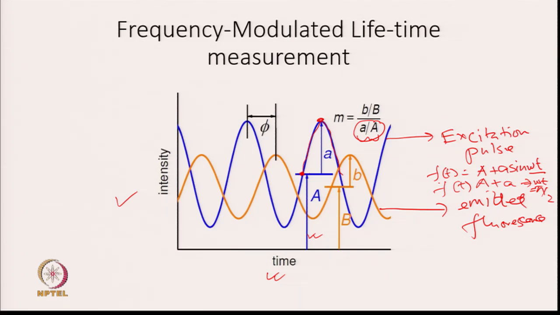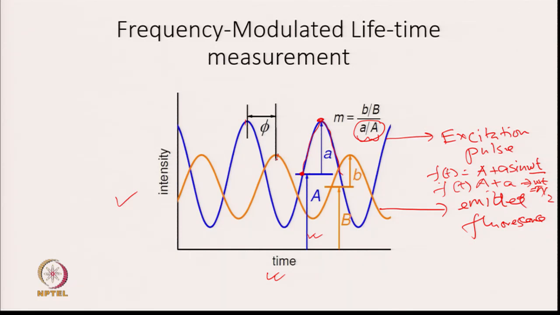Now, let us look at the emitted light. Here, if you look, there is a phase shift, and this is your phase shift φ.